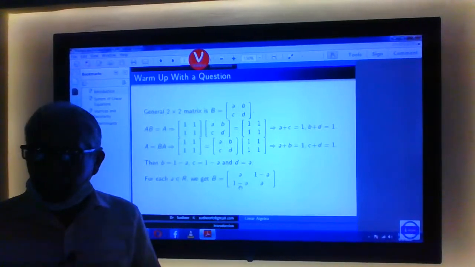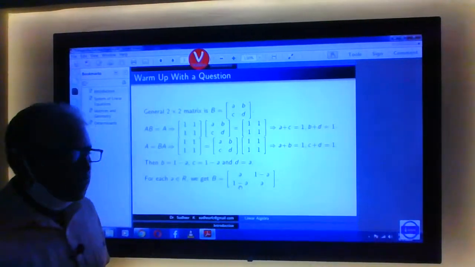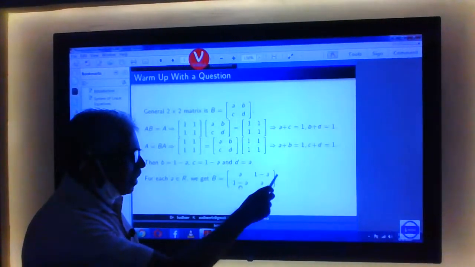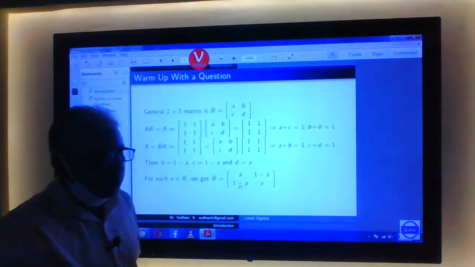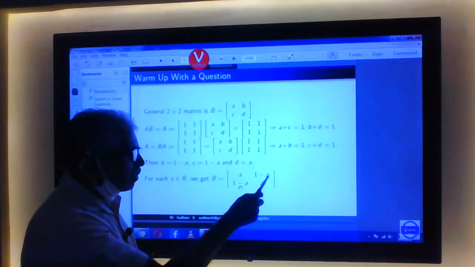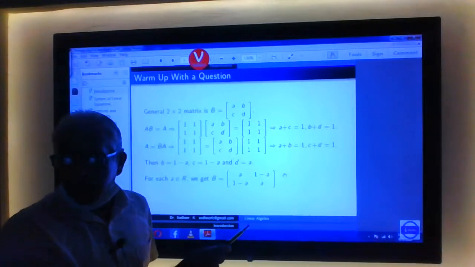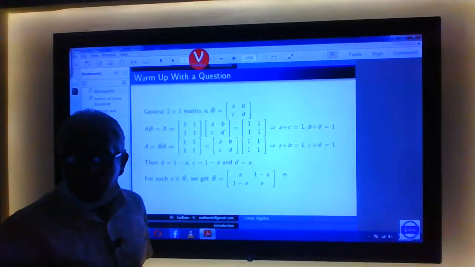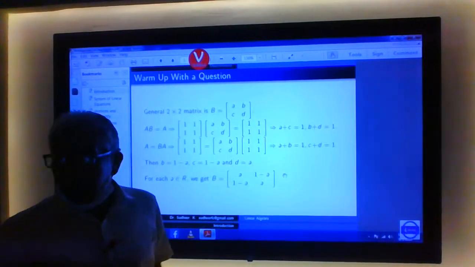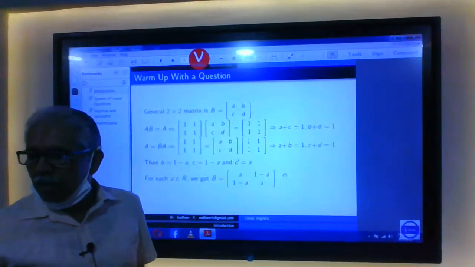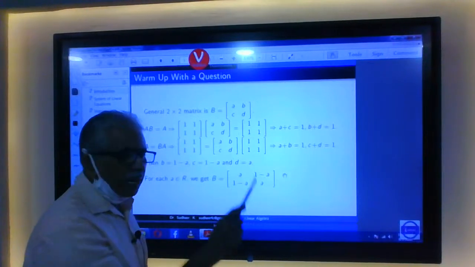And do you find any other property for this matrix B? You can easily check the sum of row elements. What is the sum of row elements of the first row? a and 1 minus a. The sum is equal to 1. And that of the second row, 1 minus a and a, is also equal to 1, and the same holds for the first column and second column.